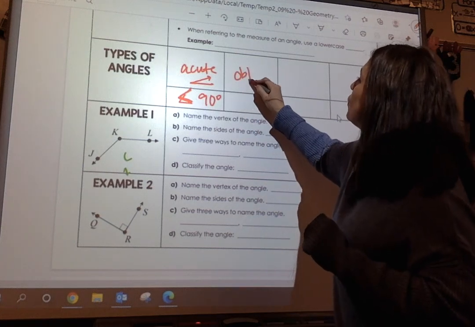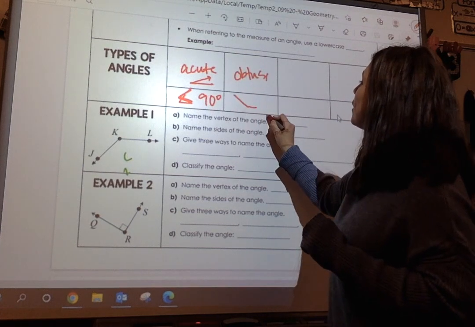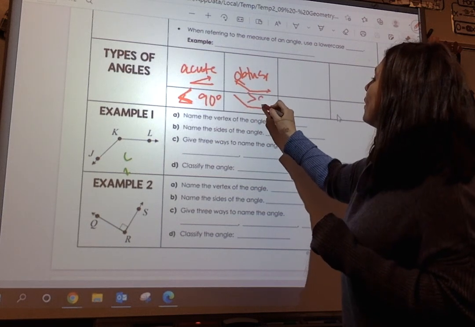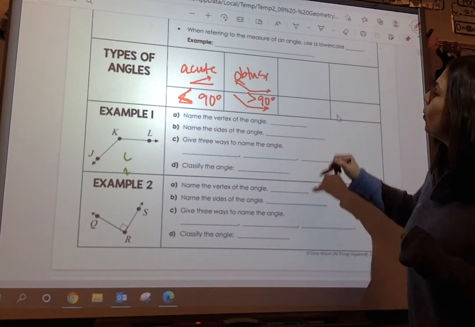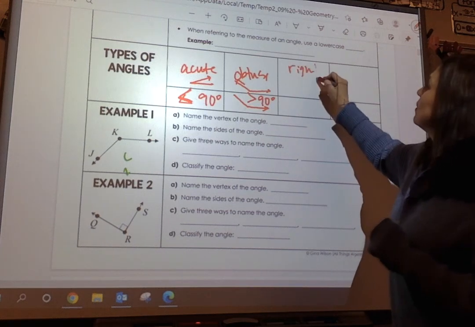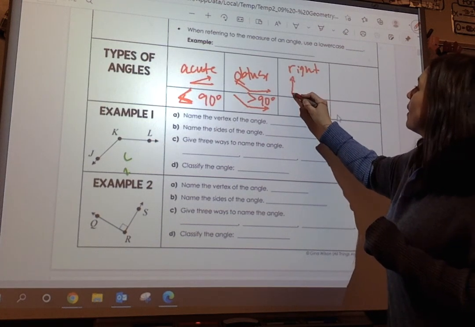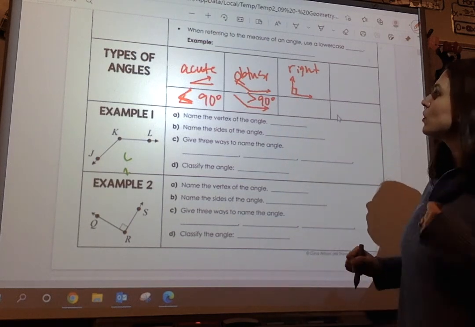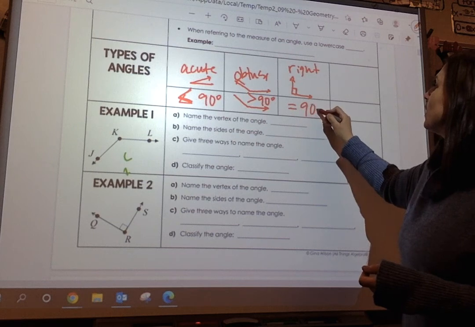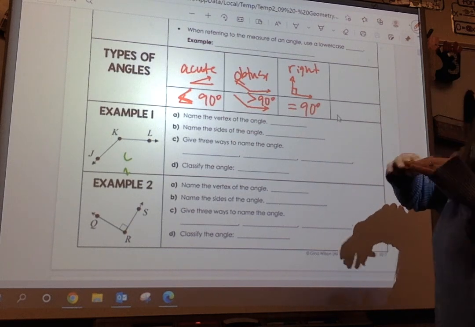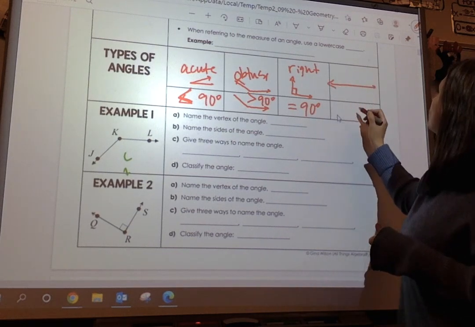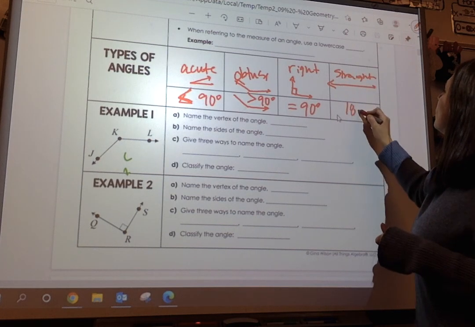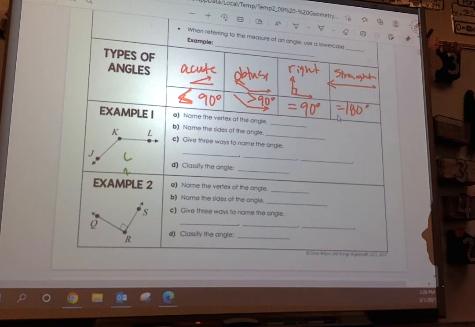We have an obtuse angle, which is anything greater than 90 degrees. We have a right angle, which is 90 degrees. And so a right angle will always have that mark that tells the reader it is equal to 90 degrees. And then we also have a straight angle, and a straight angle is going to be equal to 180 degrees.